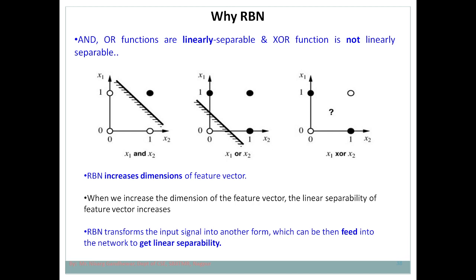If your data set is not linearly separable, then it is very difficult to get an appropriate output. So you need to transform your data set into a linearly separable one. How can you do this? By increasing the dimensions of the feature vector. Increasing the dimensions of the feature vector ultimately helps bring linear separability to your data set, by which you can get the correct output. So this is how RBN works.